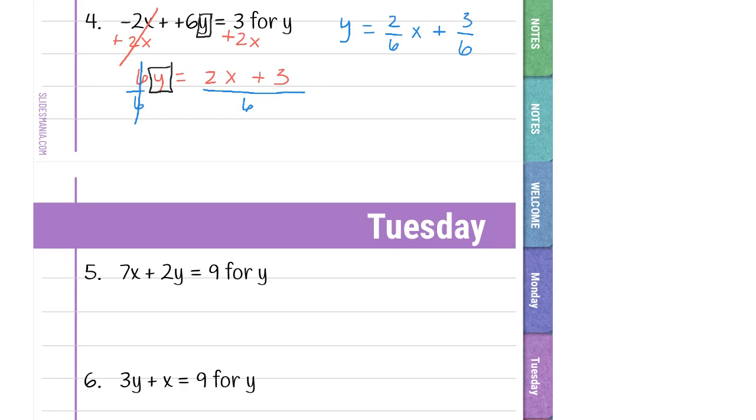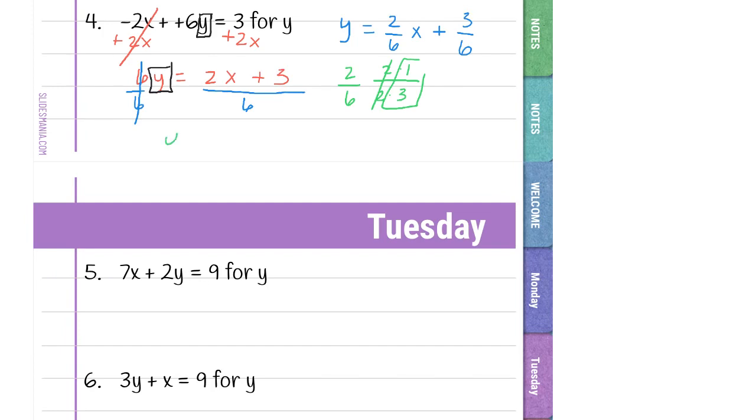Can I reduce this? Yes, I can. And I'm going to show you how. So 2 over 6, right? If you put the top, 2 times 1 is 2, and 2 times 3 is 6. These reduce to 1, right? So then I'm left with 1 over 3.